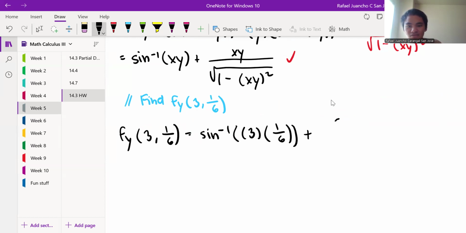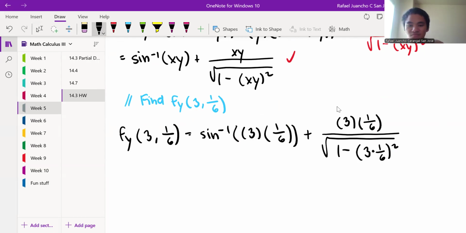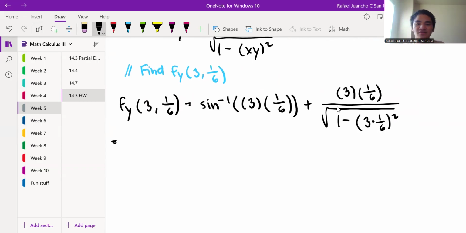This is 3 over 6, 1 minus (3 times 1 over 6) squared. And let me simplify. So I have arcsine of 1/2 here. 1/2, 1/2. What's that number?